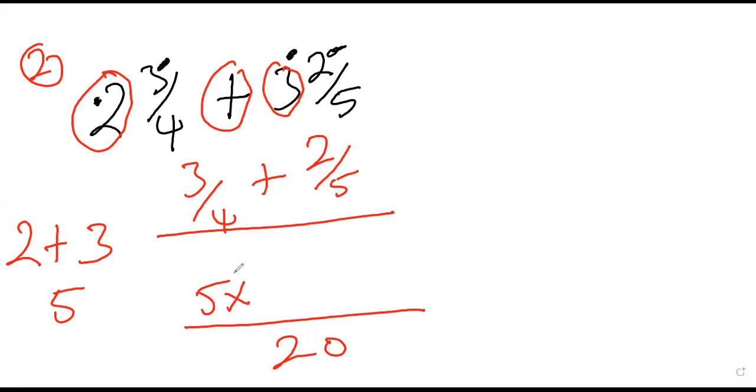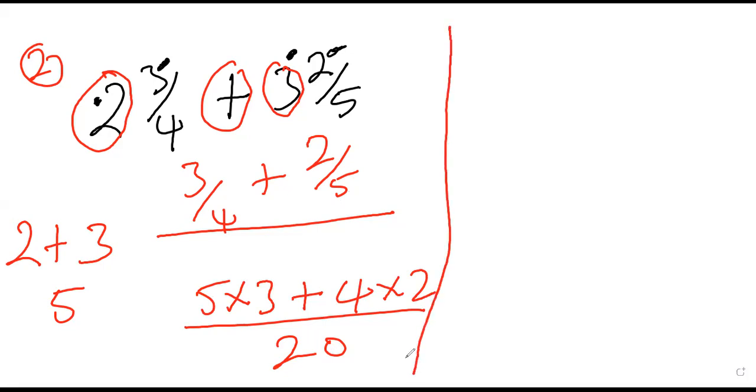The 5 is going to multiply 3. You're going to have a plus sign right there. And you're going to say, how many 5s can you get in 20? It's going to be 4. The 4 is going to multiply 2. Then we'll come down here. You're going to have 5 as a whole number. Then 5 times 3 is going to give you 15, plus 4 times 2 is going to give you 8.